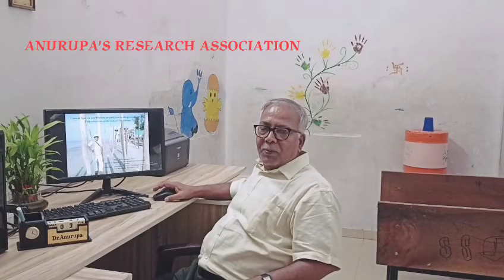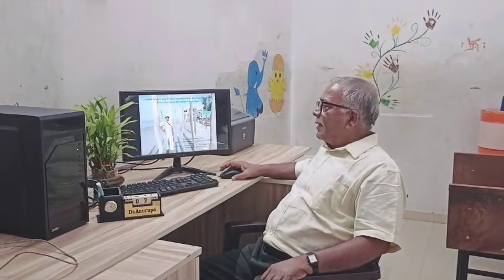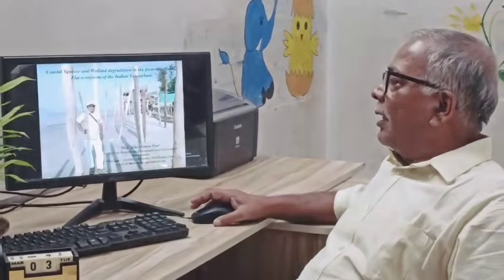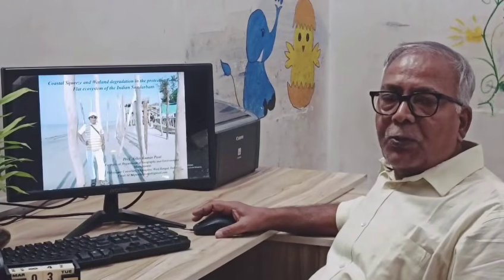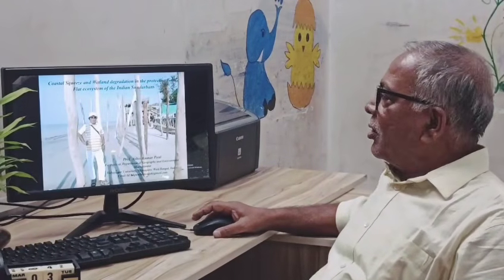So today I will discuss a new concept, that is the coastal squeeze and its effect on the local systems of the defenses in the Sundarban areas, and also the impact on the people of the coastal society in that region.